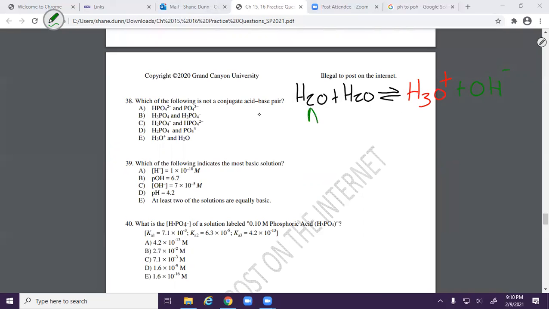This is my acid. It's going to donate one of its hydrogens. This is one of my bases, right? Because it's going to accept it.